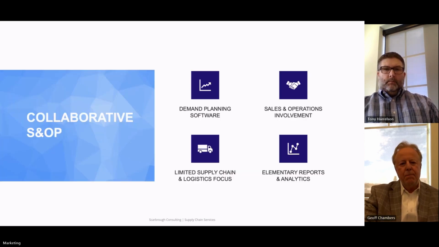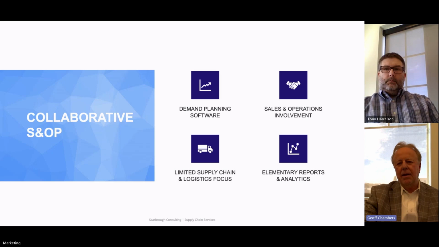The next one is collaborative sales and operations. So this is another step in the right direction. You have demand planning. You have the ability to forecast based on the customer historic data trends. You have sales and operations now involved, which is a positive step forward, because again, we're talking about a holistic look.